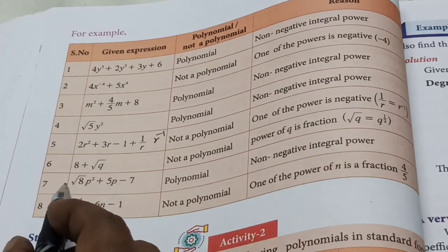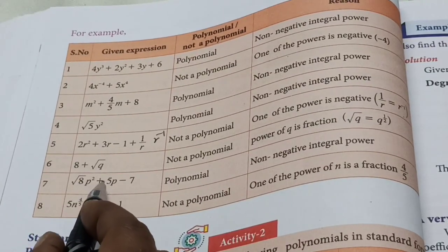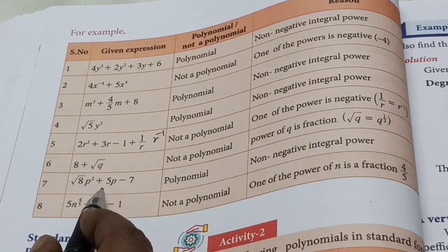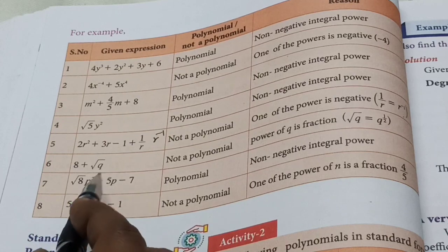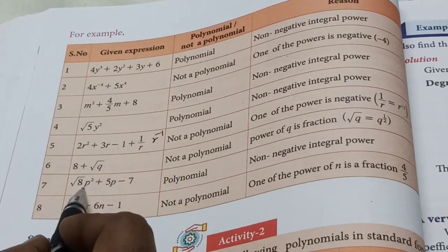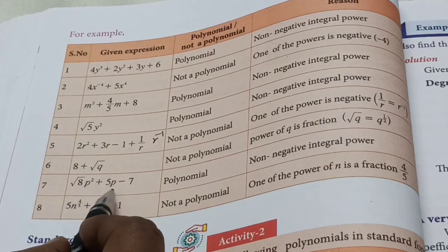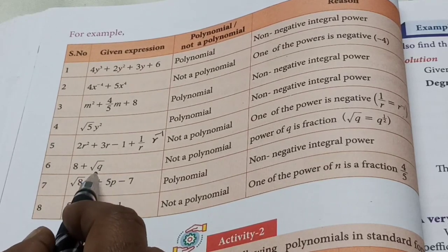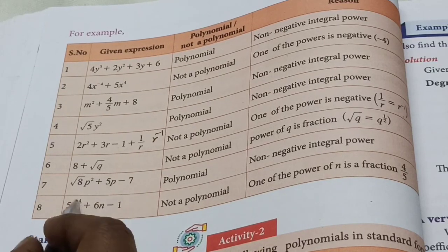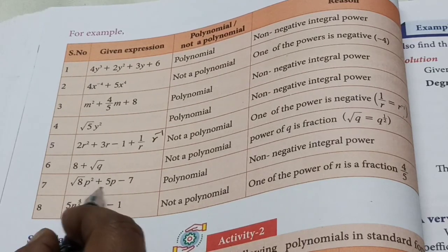Okay, seventh one, square root of 8 p square plus 5p minus 7. Is it a polynomial? Yes, very good. Then how? Here p, what's the variable here? P is the variable, isn't it? This variable power 2, here p power 1. Okay, both also positive powers.